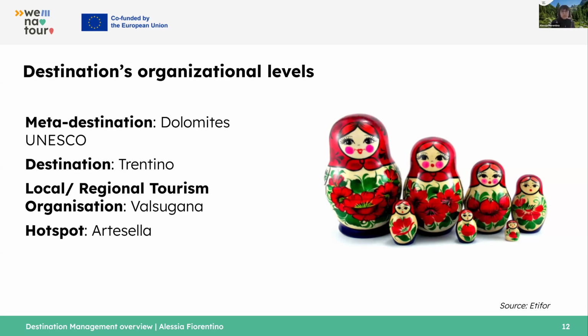Usually, as we are talking about a mountain destination, the regional brands are identified with the valleys, the mountain valleys. Okay, so Valsugana is one of these valleys. Valsugana has some roles and responsibilities, which are mainly that they are the point of contact with the territory. And then inside the region, the local organization, we have some hotspots.